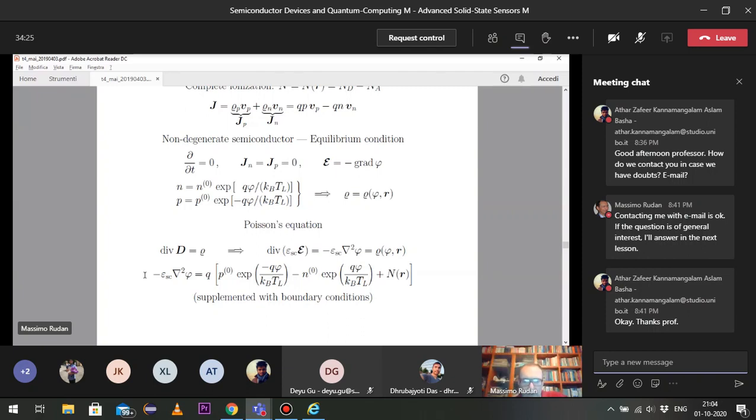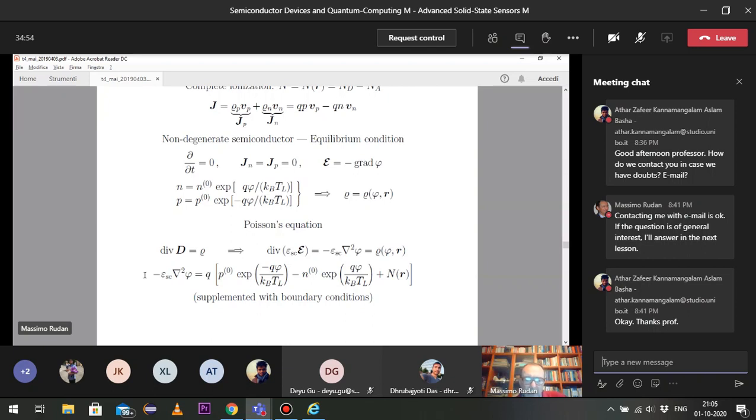At this point, you remember that minus Q phi is the electrostatic energy of the electrons, that the electrostatic energy of the electrons plus the function that we call EF bar is equal to a constant. So we have all the ingredients to calculate all the remaining properties of the semiconductor.